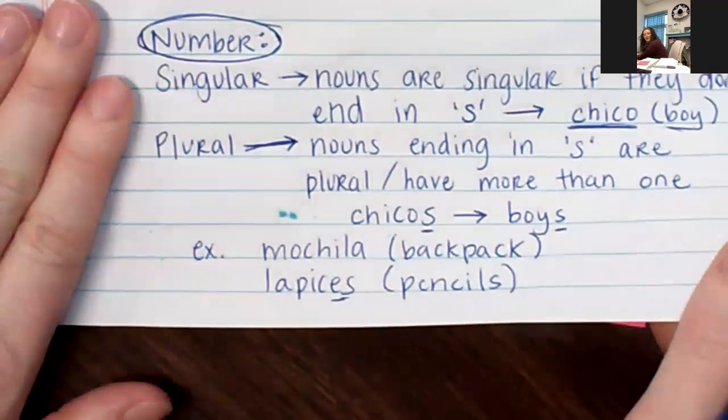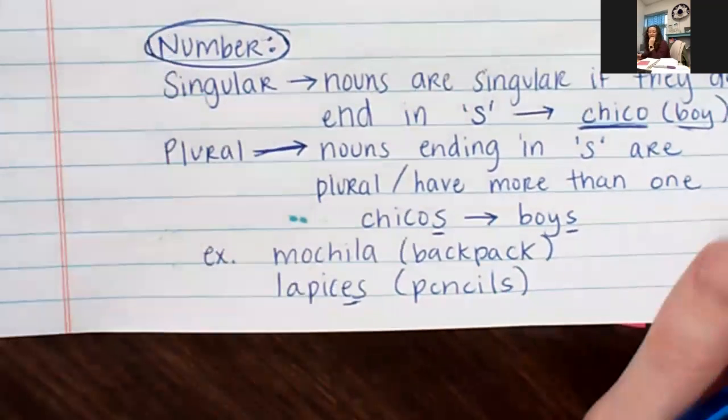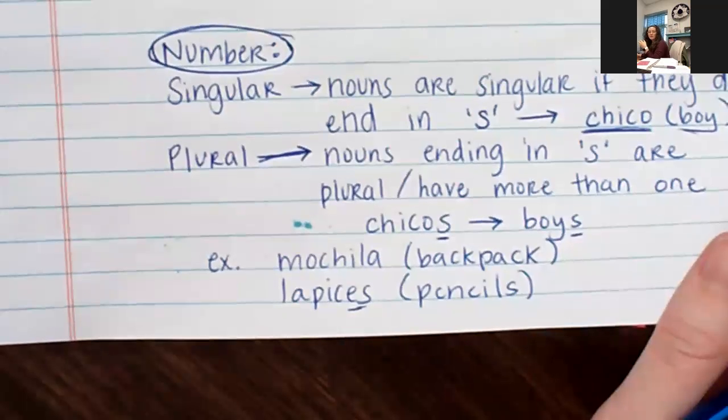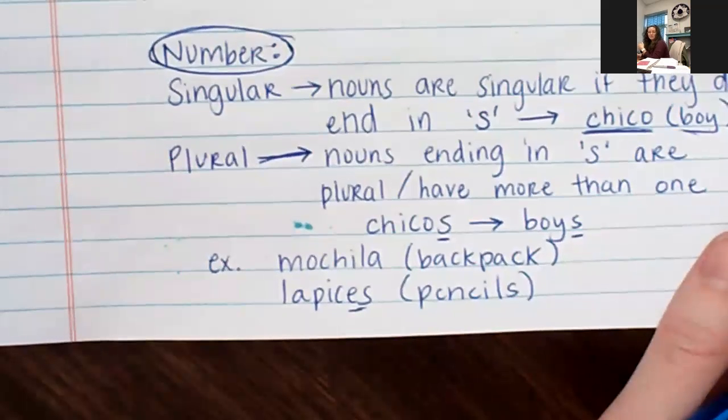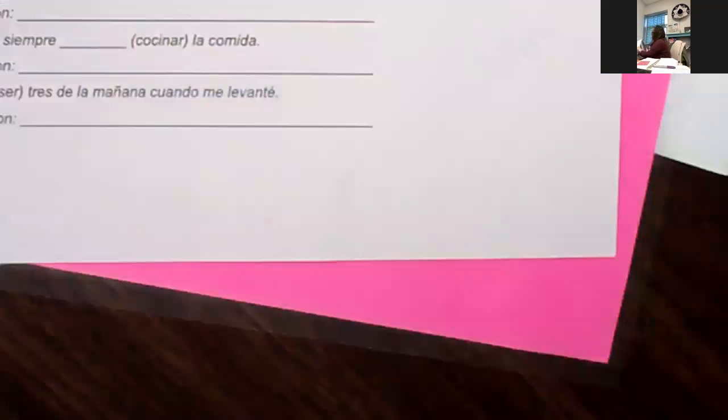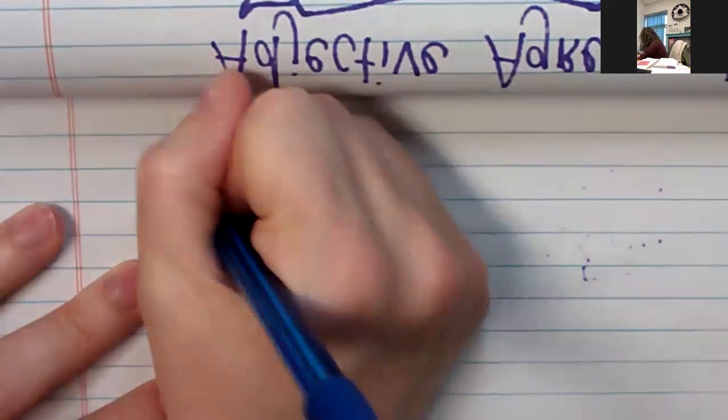So now we're going to focus on how we can make a singular word plural, how we can make a plural word singular. This is a fairly simple process.